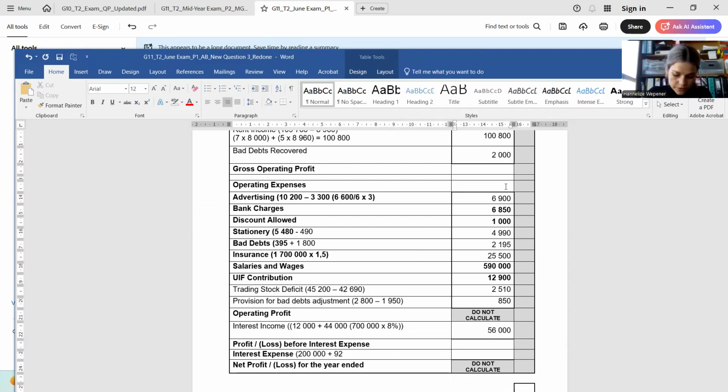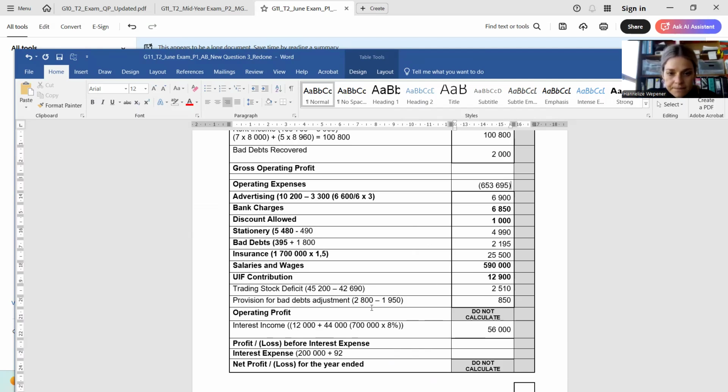Then I have to add all of these expenses to get my operating expenses for the month. 2195, 25,500, 590, 12,900, 2510, and 850. Remember that this must be in brackets because this is going to decrease my profit.